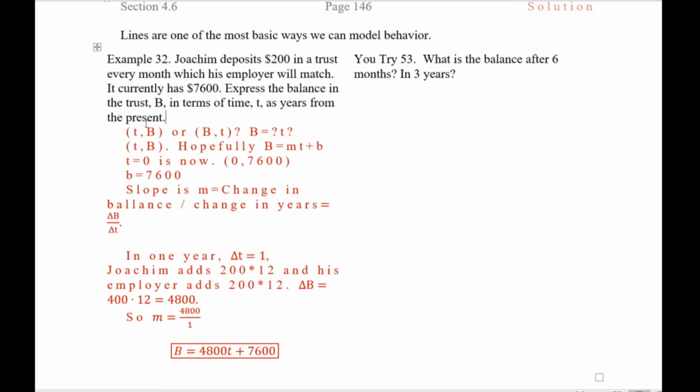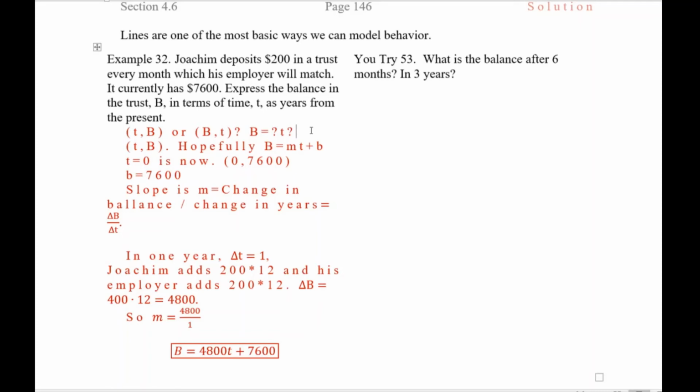Express the balance in the trust b in terms of time, t, as years from the present. So to express b in terms of time, we need to say that b equals something to do with time. Because b is solved for in this equation, that implies that it should be the second coordinate.